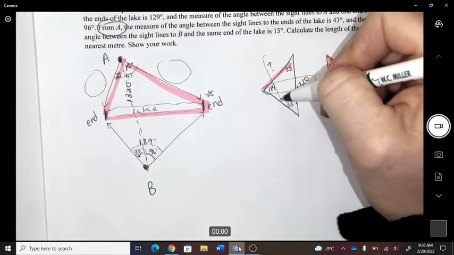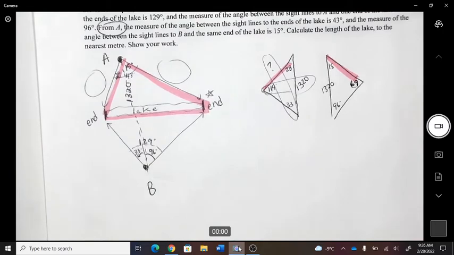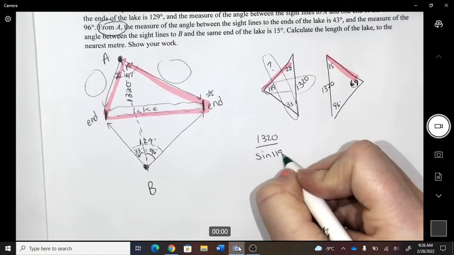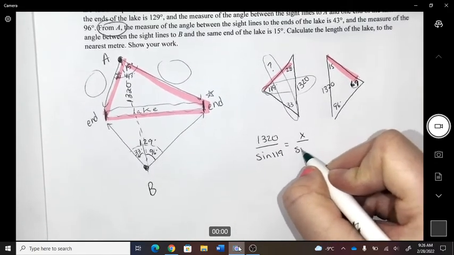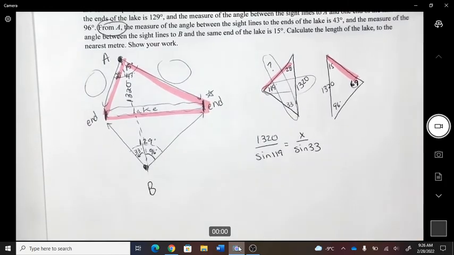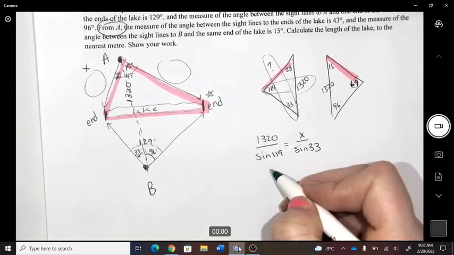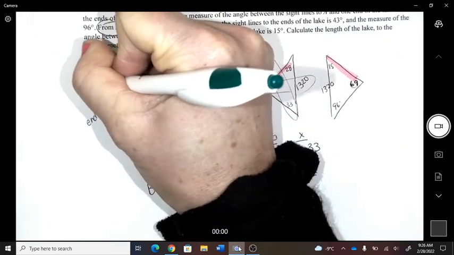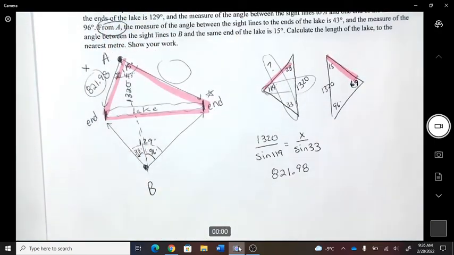So I'm going to go with a pair and a pair. So 1320 over sine 119 equals x over sine 33. Somebody will tell me if they're not matching. 821.98.